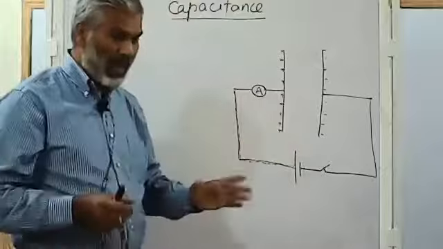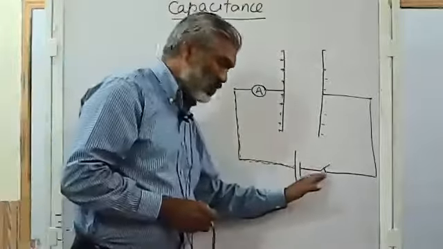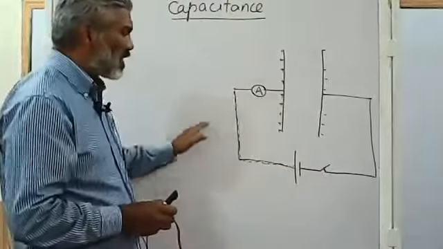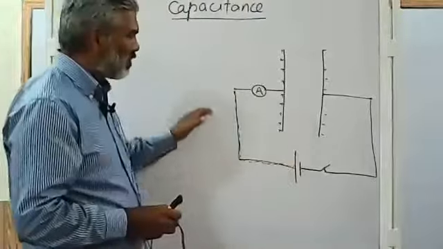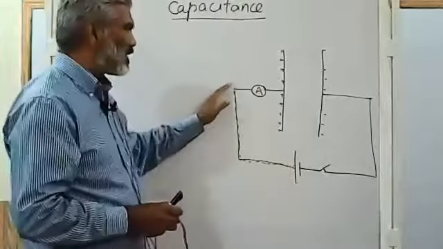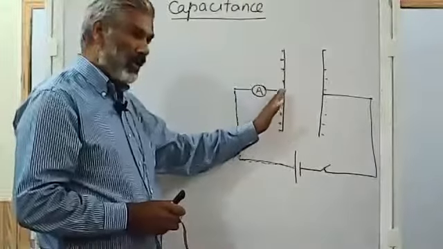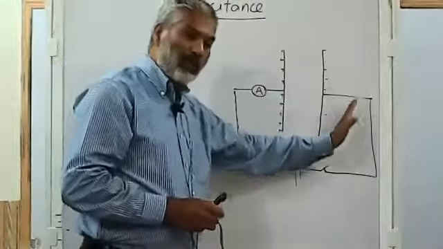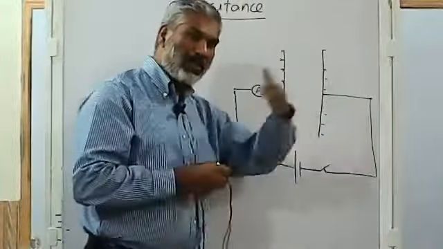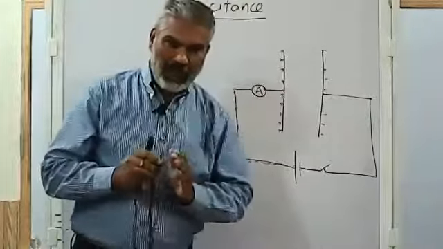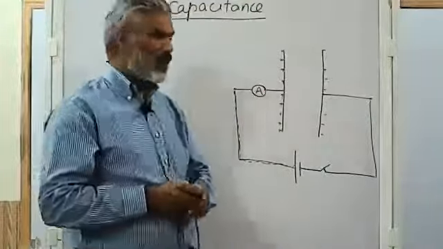So what is happening here is when you close the switch, current starts flowing, the conventional current with positive charges flowing like this and getting accumulated here, inducing equal and opposite charges on the plate immediately next to it with a very, very small gap in between.